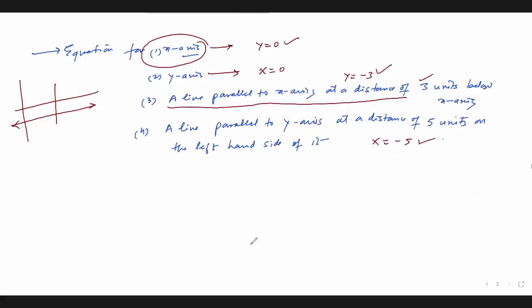So now we are moving on to another concept, which is the main topic today: different forms of the equation of a straight line. As you know, we have seen that a first degree equation in x and y represents a straight line.